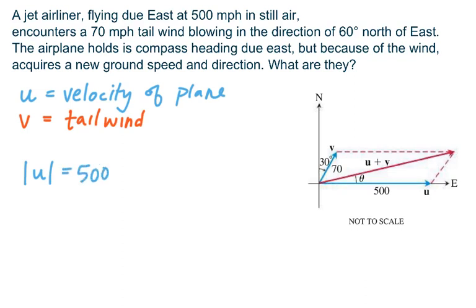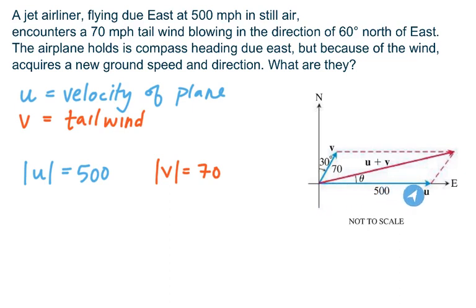We also know the magnitude of our tailwind, V, is 70. The velocity of the airplane with respect to the ground is given by magnitude and direction of that resultant. The resultant being the sum of U plus V, not just the sum of their magnitudes.